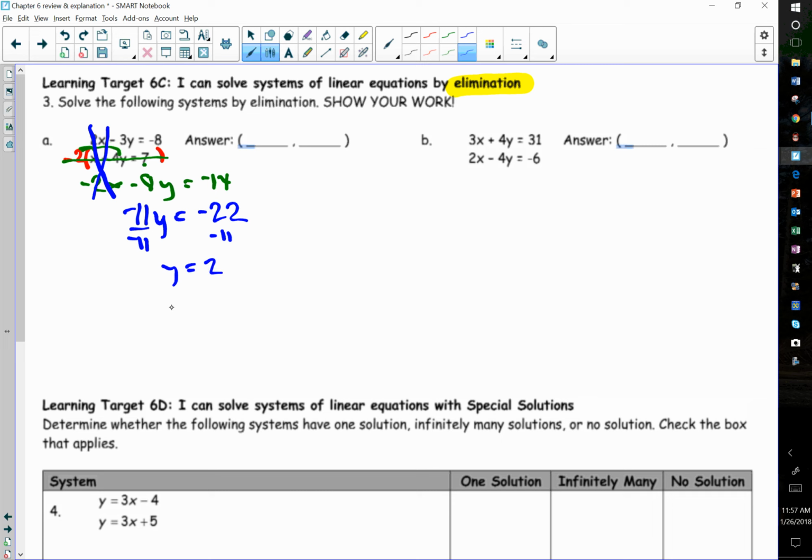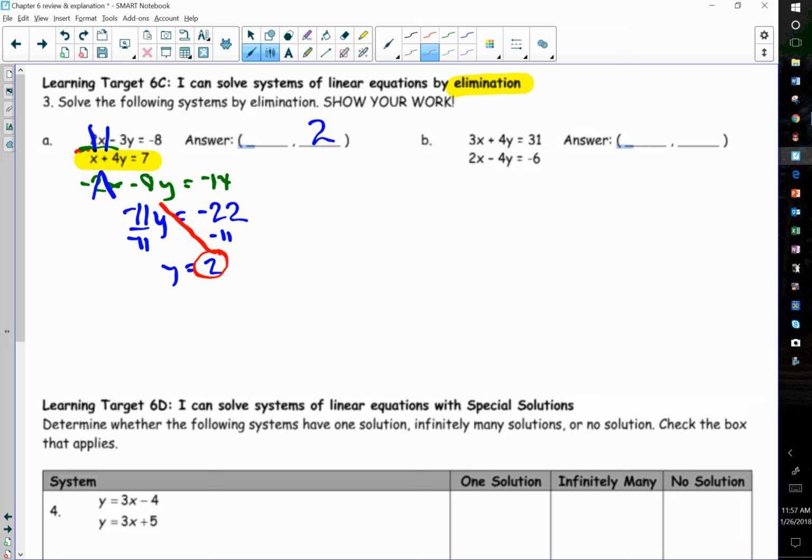That's half of my solution. I just figured out what y is, so I have to make sure I put that in the right spot in my ordered pair that goes there. Now to figure out what x is, I can put the value of y back into any of the equations that I have. I'm going to put it back in this equation, just because it looks like it's easier.